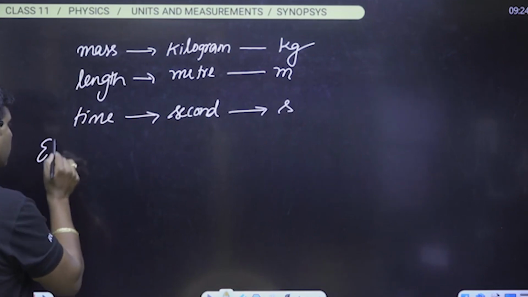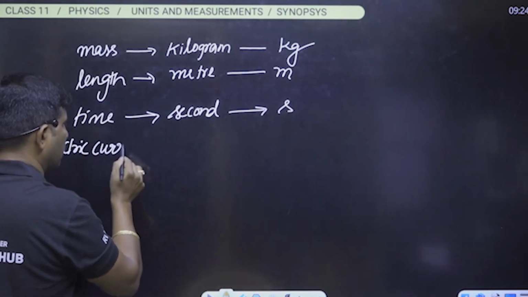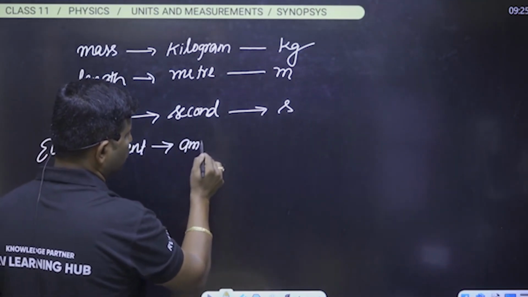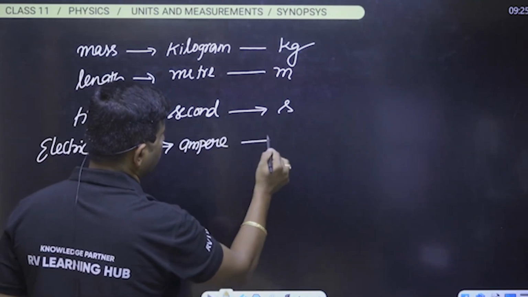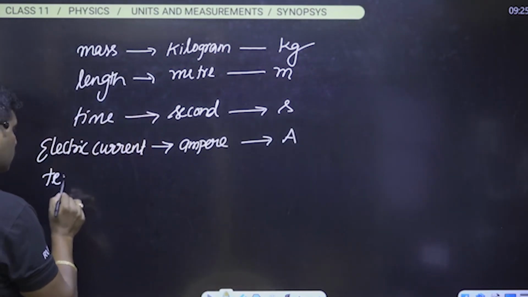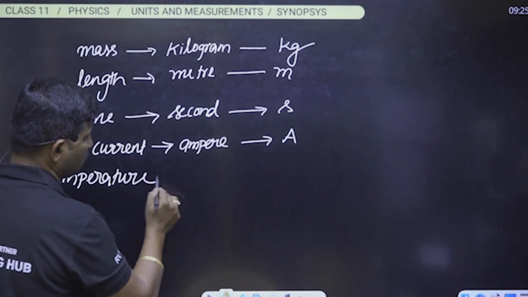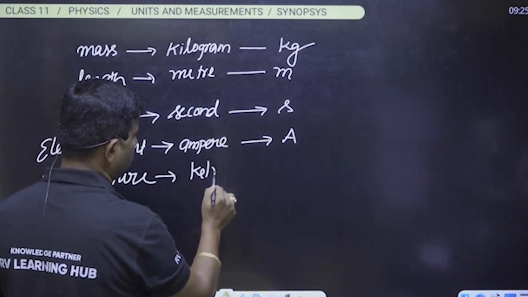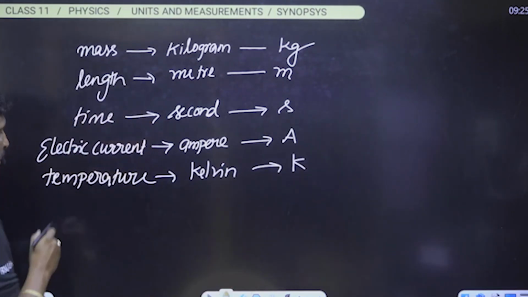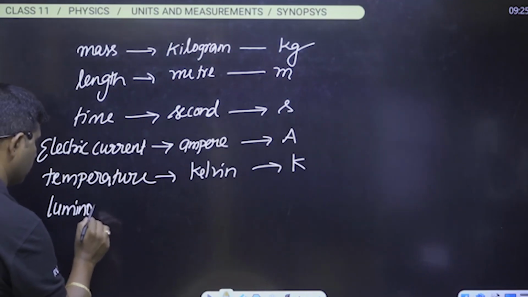In the same manner, the next quantity is electric current. Electric current is measured by the unit ampere, denoted by capital letter A. What is the temperature? Temperature is measured in the unit Kelvin, represented by the symbol capital K. And what about luminous intensity?